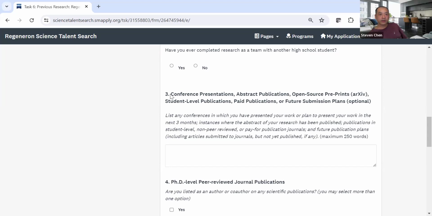When you put down whether you published somewhere else, even including an open source preprint like arXiv, you are allowed to enter the link. So you actually need to use your links in a clever way.